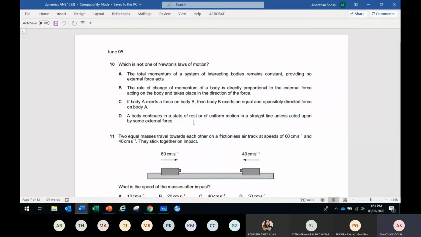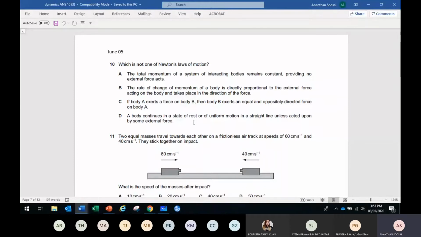Is this not Newton's law? Which one is it? D is Newton's first law. An object will remain at rest or move with constant velocity unless acted upon by an external force. Yes, D is Newton's first law, inertia.